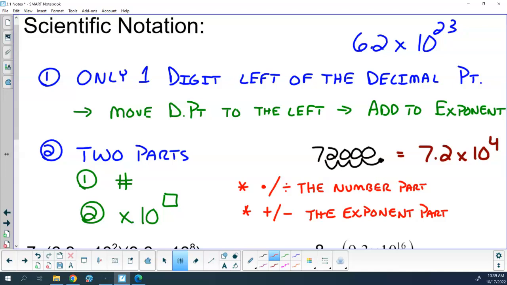Okay? So these two parts. If we're multiplying, you would multiply and you would add the exponents. If we're dividing, you would divide the number part and you would subtract the exponents.